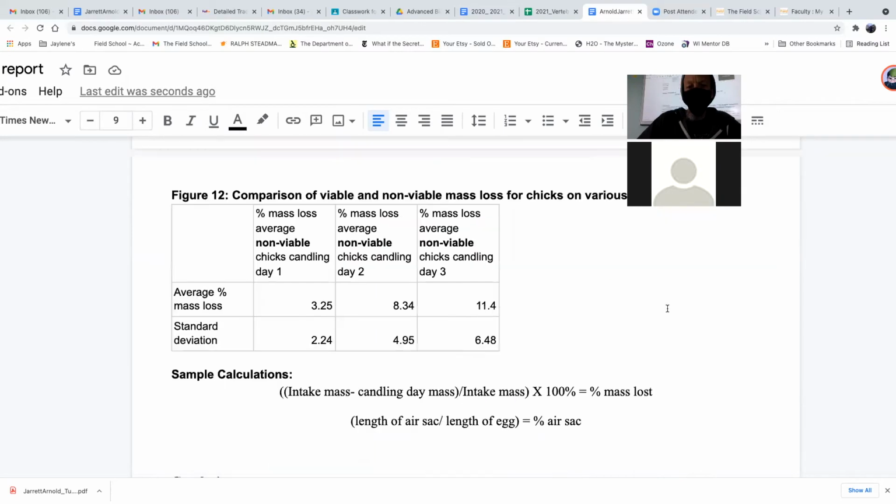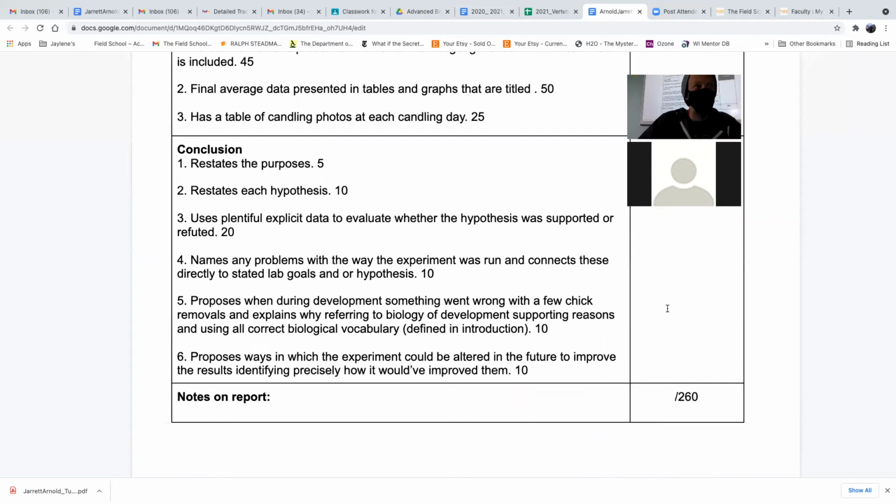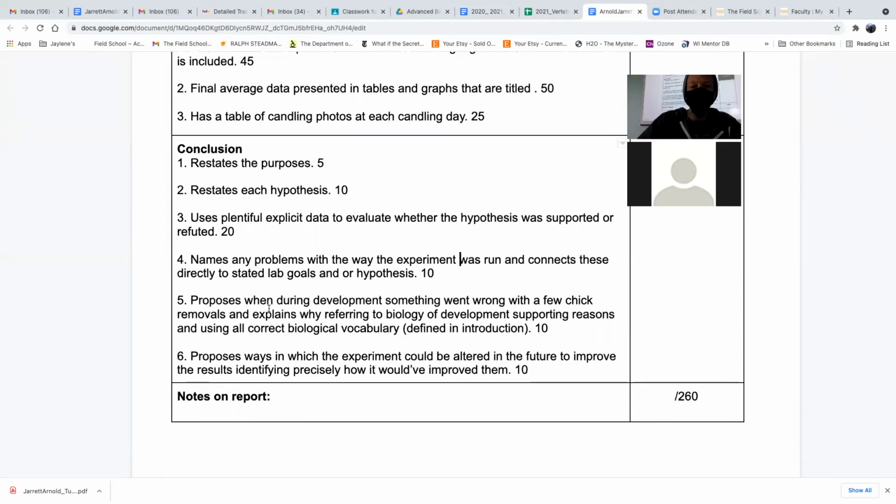Okay, now, once you've got the removals table done, that is what I'm talking about here in the conclusion rubric. Well, problems with the way the experiment was run, I've started to write about, which is us not tracking temperature and humidity, right? Proposing when during development something went wrong with a few chick removals. This is where you refer to the removals table.